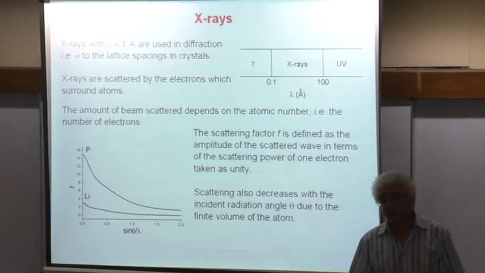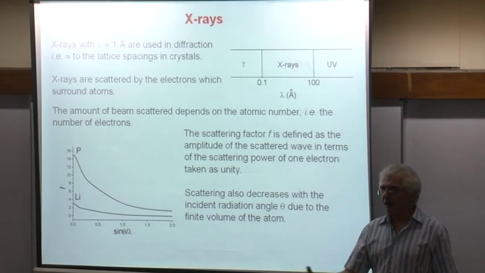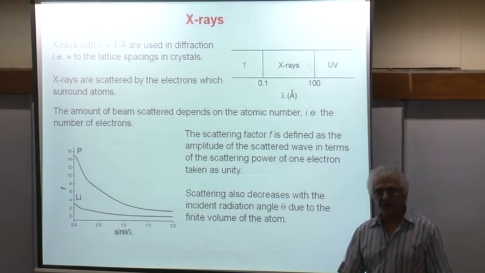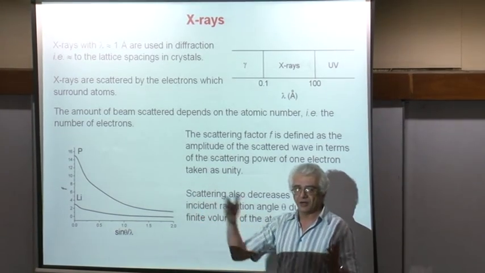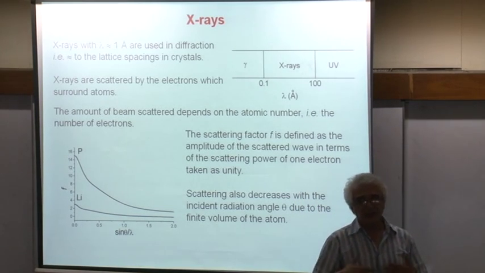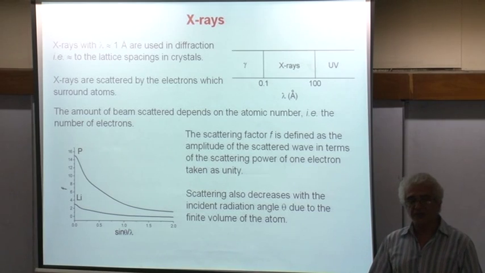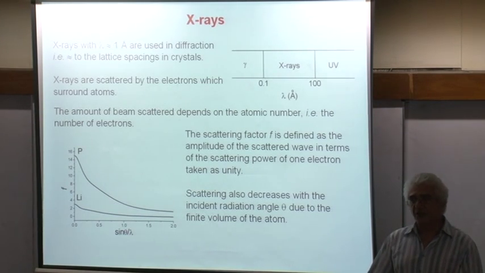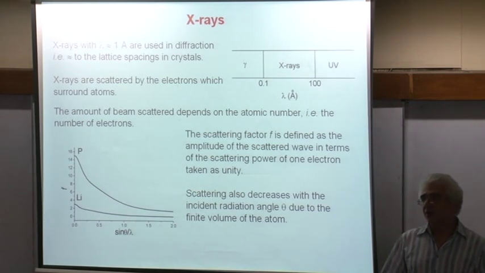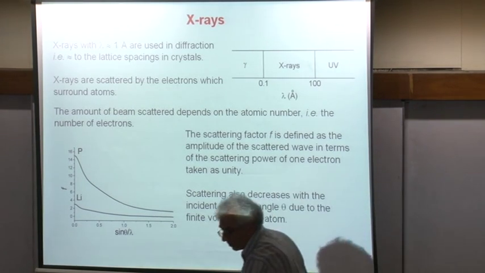Now what that means is that X-rays are much, much more sensitive to heavy atoms than they are to light atoms. And this is something that you have to take into account when you're analyzing diffraction data, and particularly when you're trying to solve a crystal structure. And we'll look at that as well.